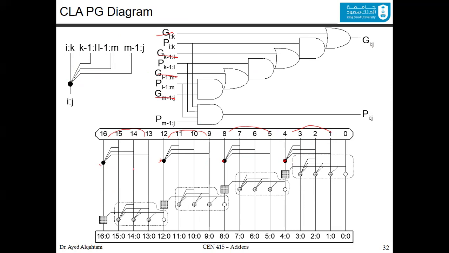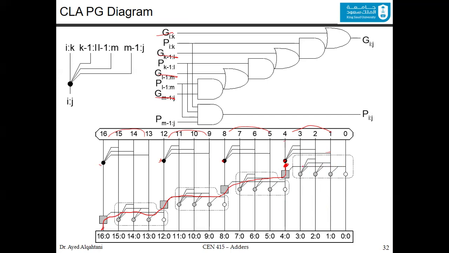We said that there was a special carry look-ahead adder that is mixed with the ripple adder, and this is the mixing that's happening right there, where you have this gray box, and there is a rippling, another rippling, and another rippling here. Now again, the BG diagram has a specific job where you need to get all the generate signals. From 1 to 4 is already generated here. This is from 1 to 4.